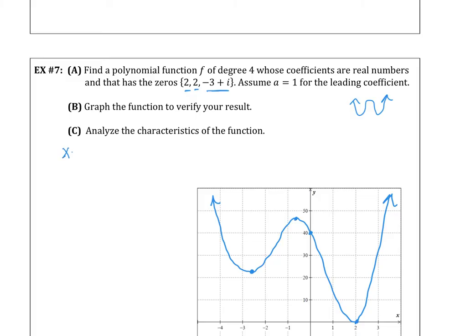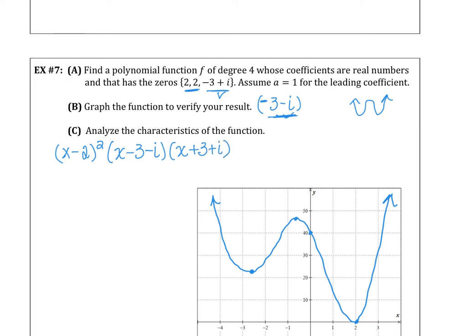That tells me x minus 2 is a factor twice since there's a pair of them. And then we want to think x minus 3 minus i as another factor. And also we know that negative 3 minus i is the other zero, its conjugate pair to that. So thinking about turning this zero into a factor, we've got x plus 3 plus i.